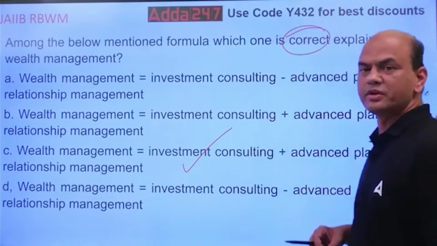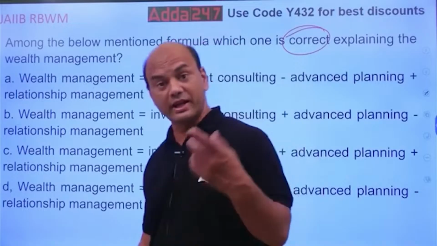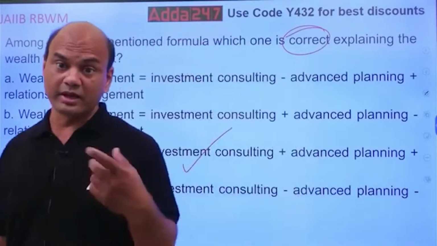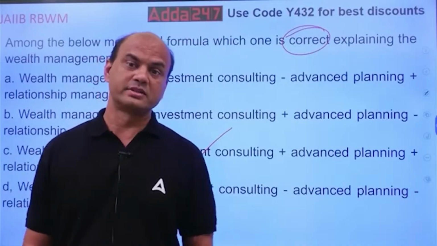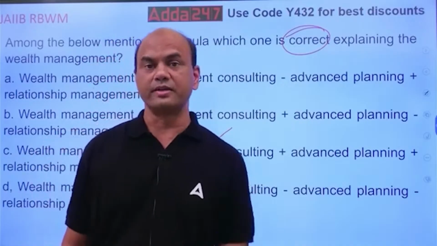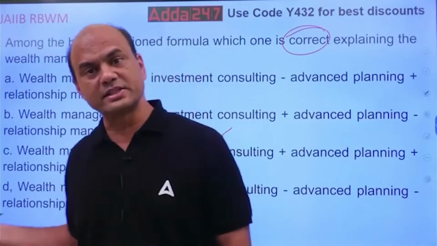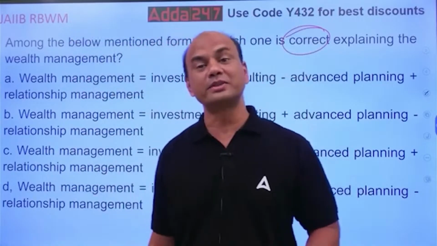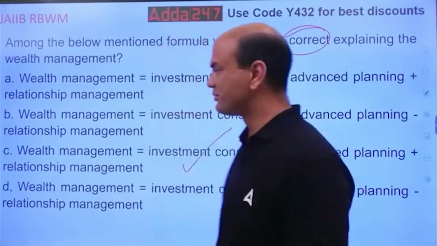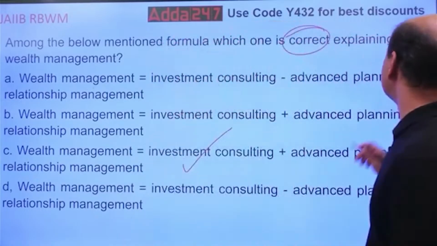Advanced planning means you have to plan in advance for his or her needs and suggest the product accordingly. And the last one is relationship. Obviously that is required. Without relationship, how can you have a business? So, C is the answer.